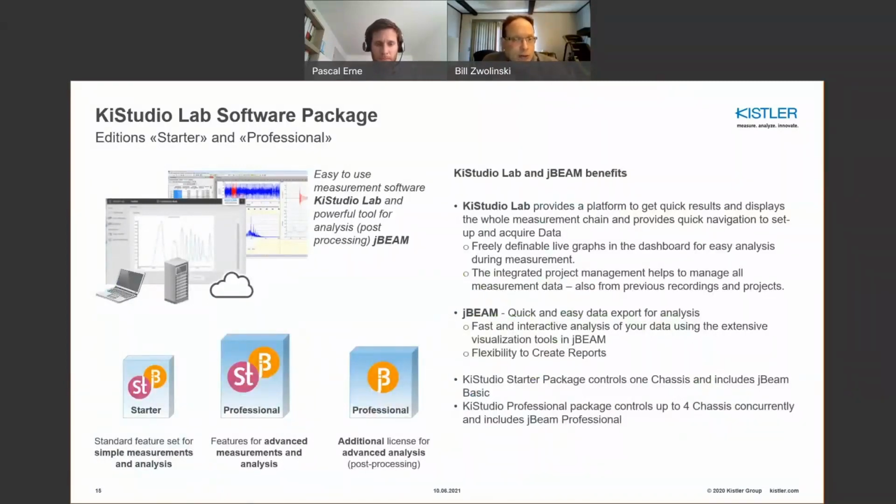KeyStudio Lab is a software that enables you to coordinate various data acquisition measurements, whereas JBeam is software that allows you to analyze those measurements, visualize, write reports, and get to the detail of signal processing to optimize your measurements for the given scenario that you're measuring.